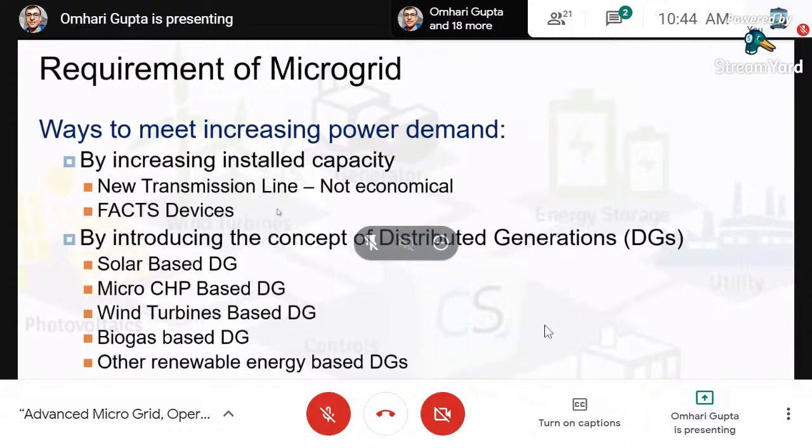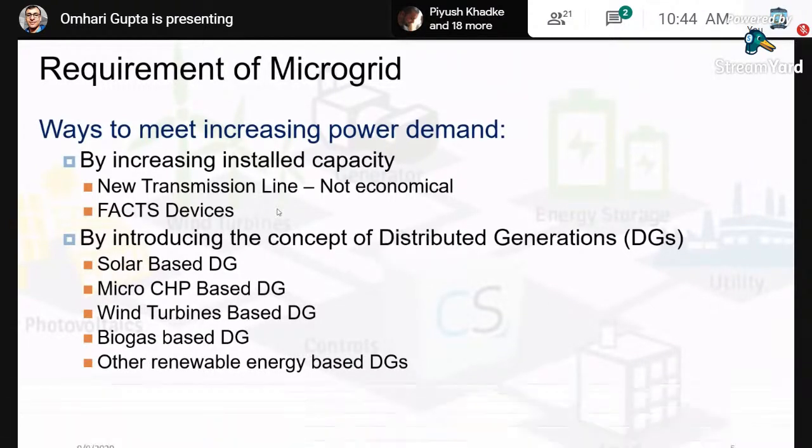Another concept can be to have several distributed generations rather than having a bulk power station situated far away from us. These distributed generations or DGs can be placed close to the load centers and can be connected to the distribution system itself. Most preferred DGs are based upon the renewable power generation.